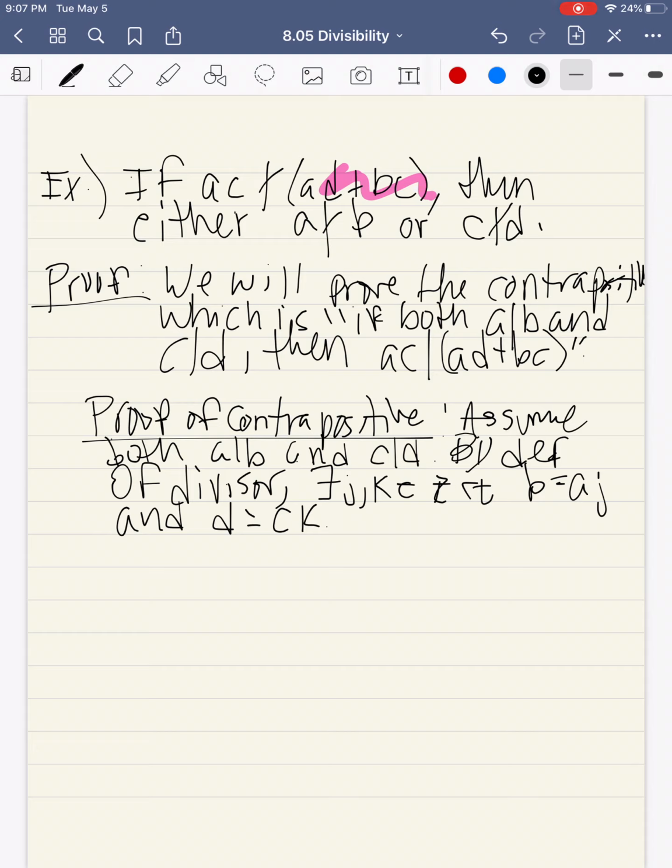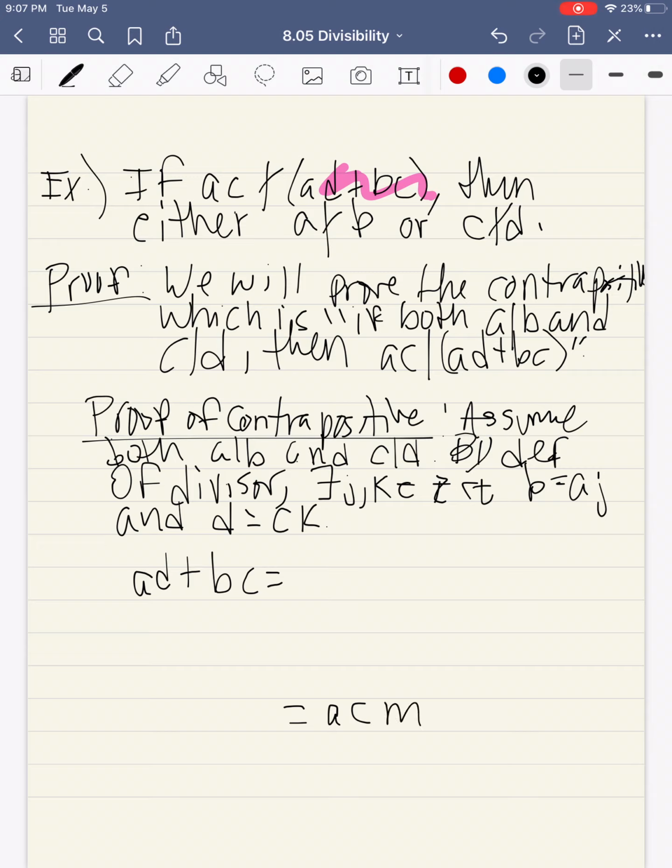So now I need to use my then part and try to work my way into some sort of statement. So let's start with our then part, the quantity AD plus BC. And we need to equal that something such that we have AC times some integer.